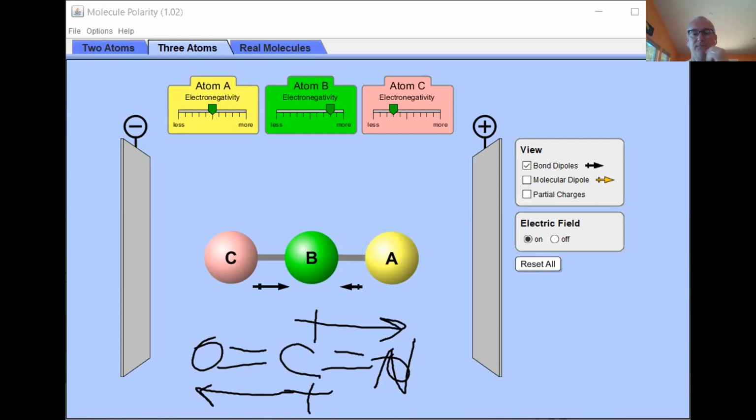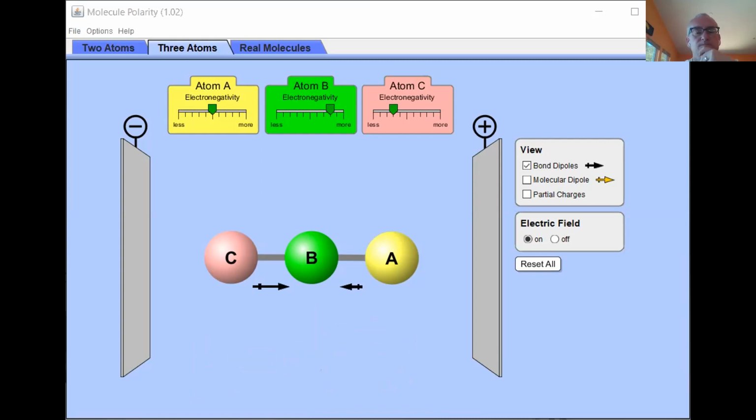Professor, I have a question. Symmetrical, I tried playing around with it when I moved atom A to less electronegativity, and then C is more, and it's linear. There's still a molecular dipole. It points the same direction. Is that possible?